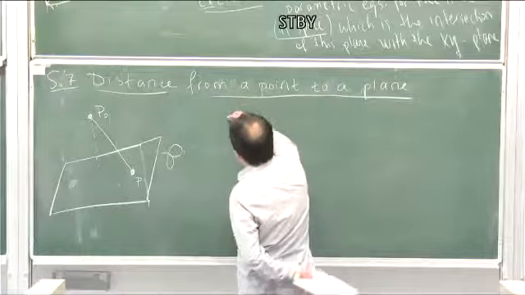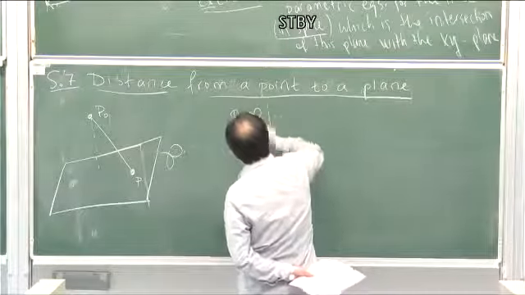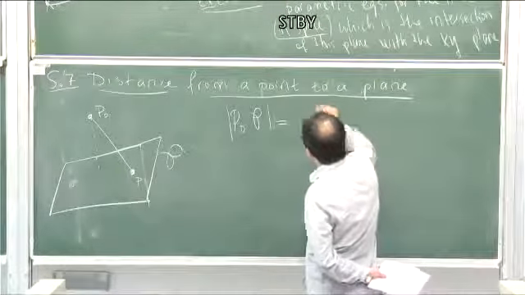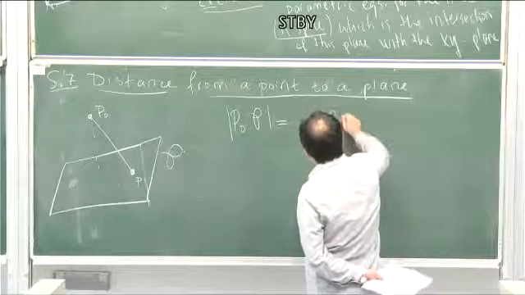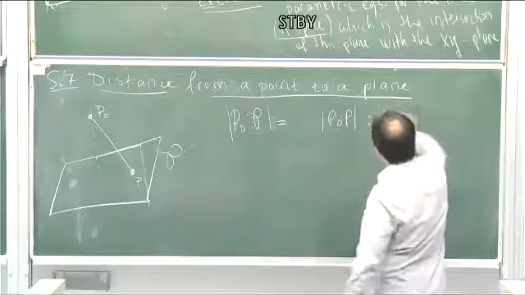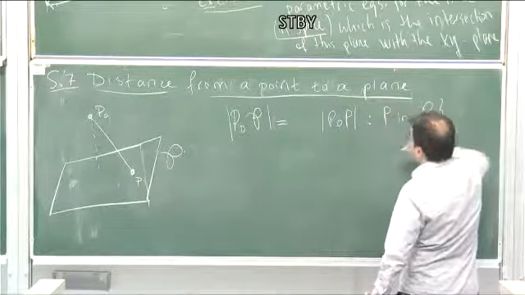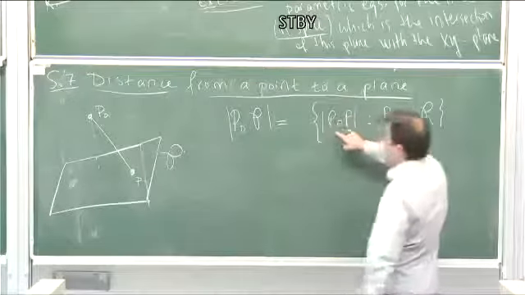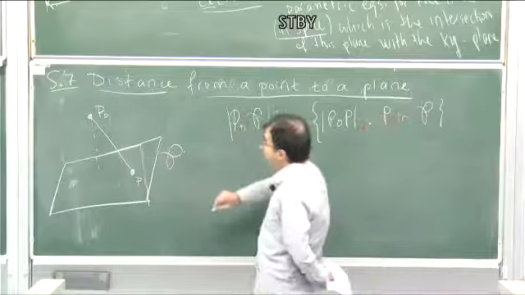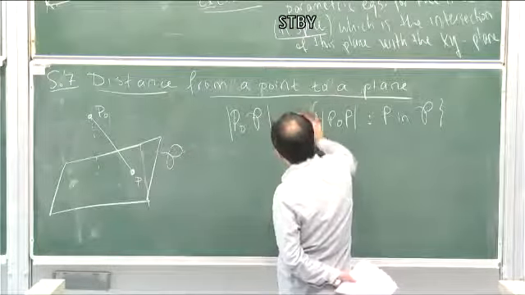So the distance from a point P0 to a plane P, we define as follows. First of all, for any point P in the plane, we have a distance between P0 and the point P in the plane. And I consider the shortest one.